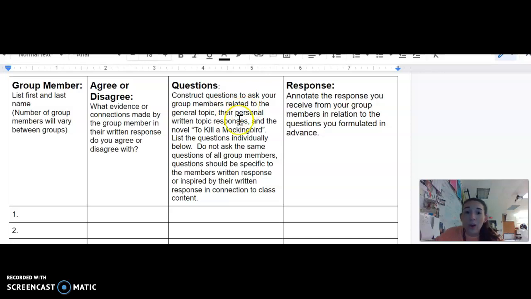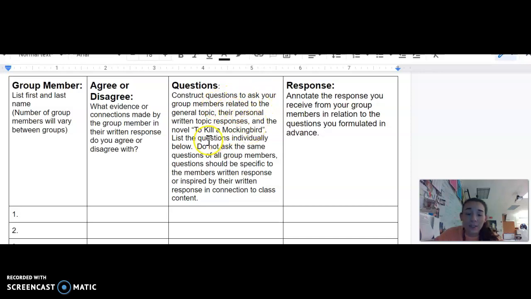And so maybe a question you want to ask is, do you think that Boo Radley is a product of his environment, or has he always struggled with his mental health? That would be something to have an in-depth conversation about, because there is evidence on both sides that would suggest different views on the character of Boo Radley.